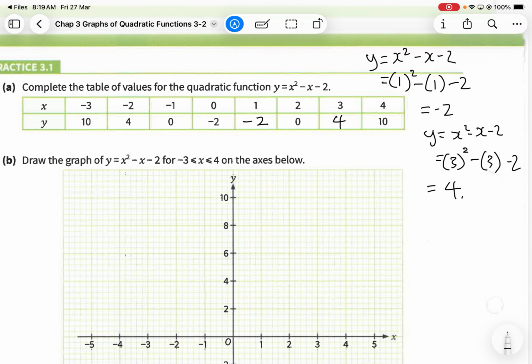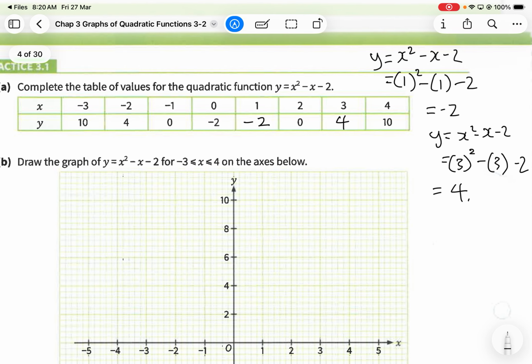Okay, so after we have this table, they will want us to plot this graph. So when we want to plot this graph, also, if you recall your straight line, each of these vertically will give you a coordinate. So when x is negative 3, y is 10. That is to say I have a coordinate negative 3, 10.